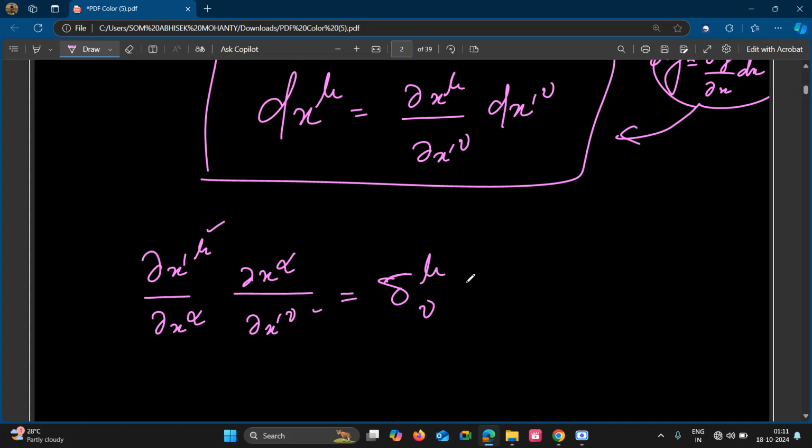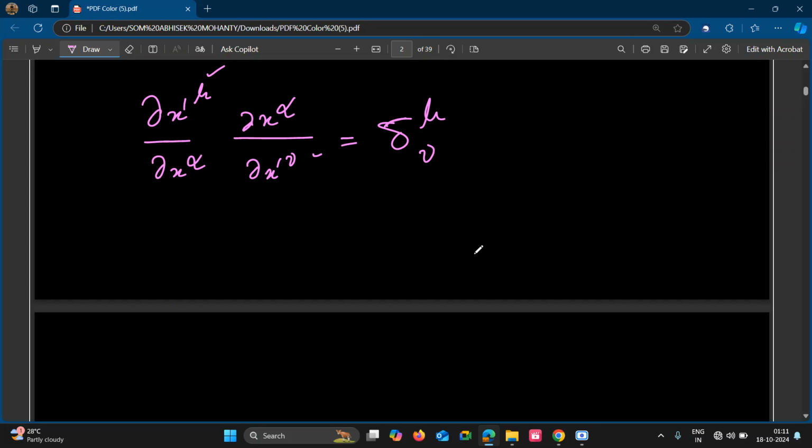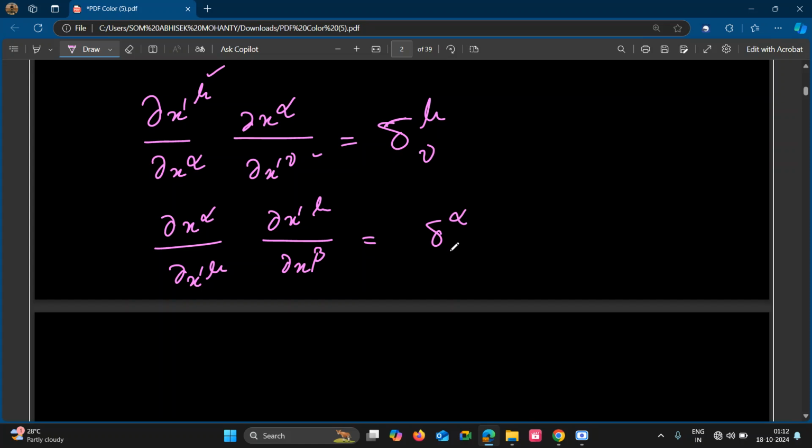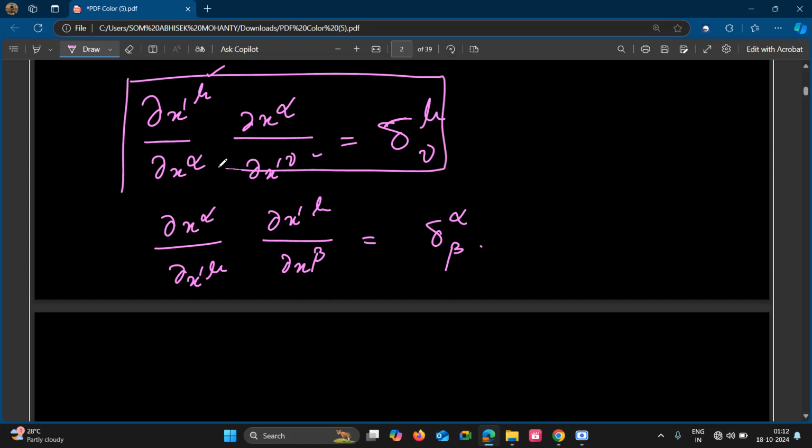If I write the other way around, del x alpha by del x dash mu and del x dash mu by del x beta, then it will be delta alpha beta. These two are getting cancelled out, so I am getting mu nu. These two are getting cancelled out, so I'm getting alpha beta. So this is the way of understanding. You have to understand it yourself.